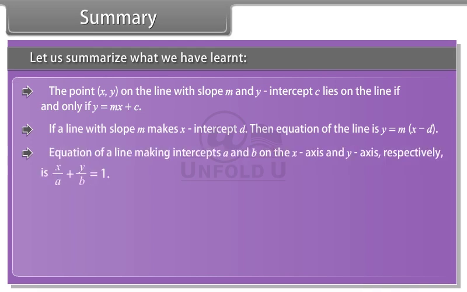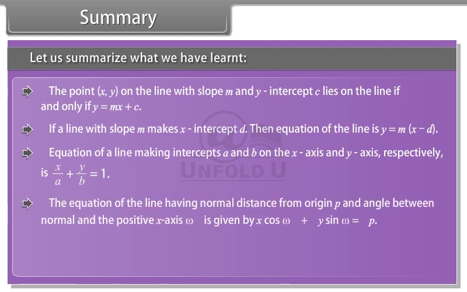Equation of a line making intercepts a and b on the x-axis and y-axis respectively is x upon a plus y upon b is equal to 1.